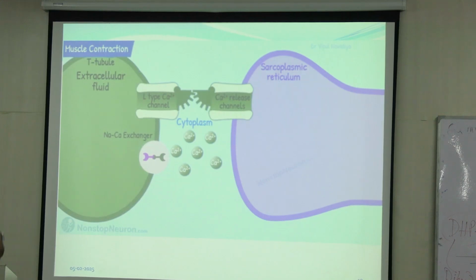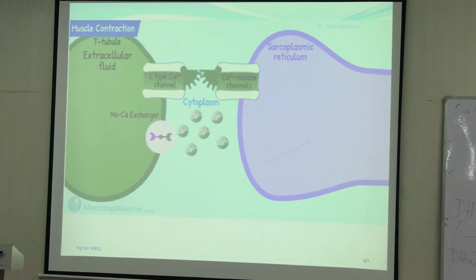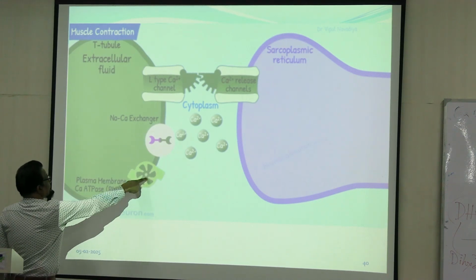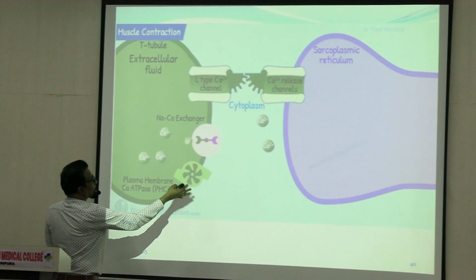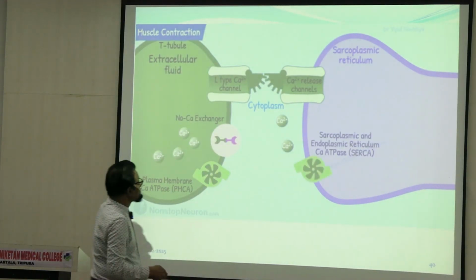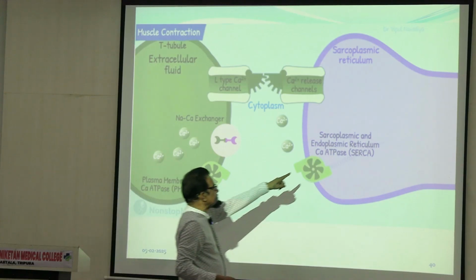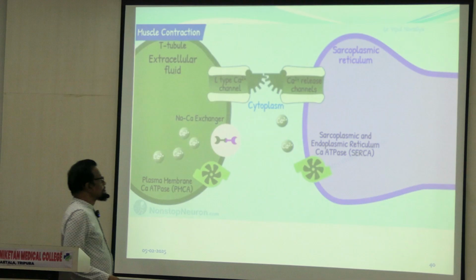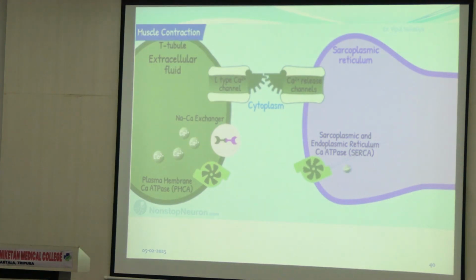We have the sodium calcium exchanger and the plasma membrane calcium ATPase that pump calcium out of the cell into the extracellular fluid. And on the membrane of the sarcoplasmic reticulum, we have the sarcoplasmic and endoplasmic reticulum calcium ATPase that pumps calcium back into the sarcoplasmic reticulum.